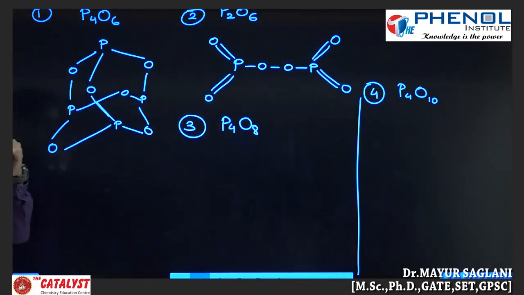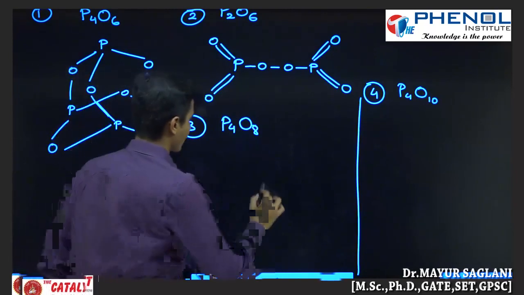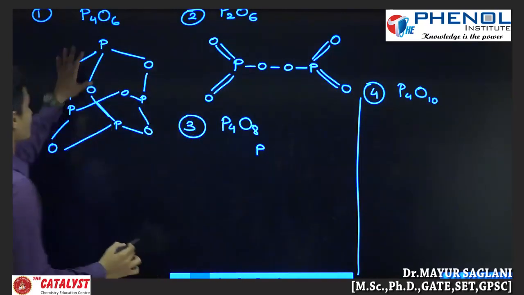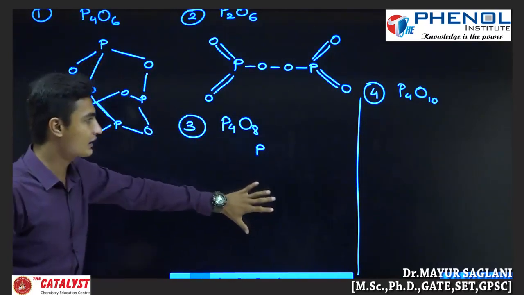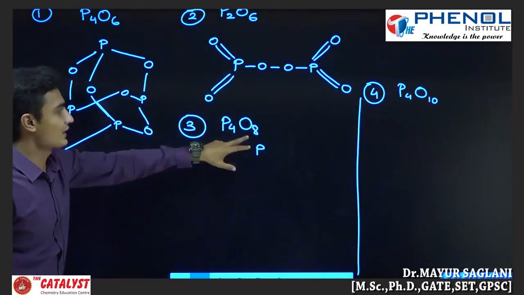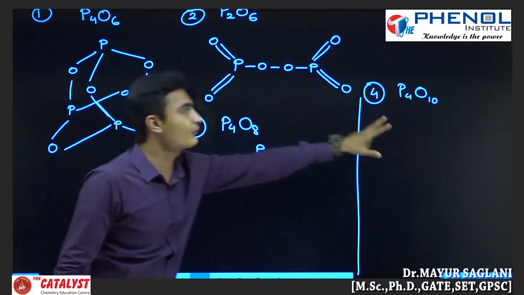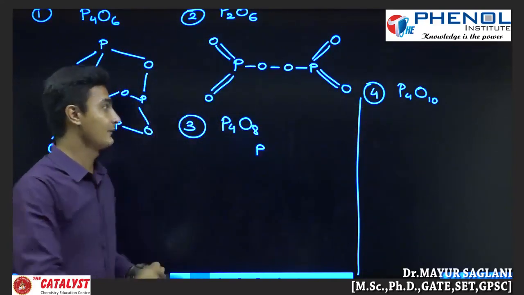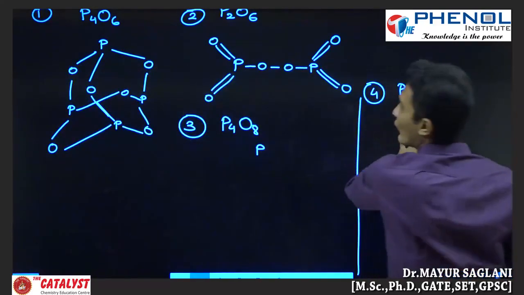If you see the structure of P4O8, then this structure is common here and even here. There are 2 more oxygen atoms here and 4 more oxygen atoms there. Now you see, I am writing first P4O10.